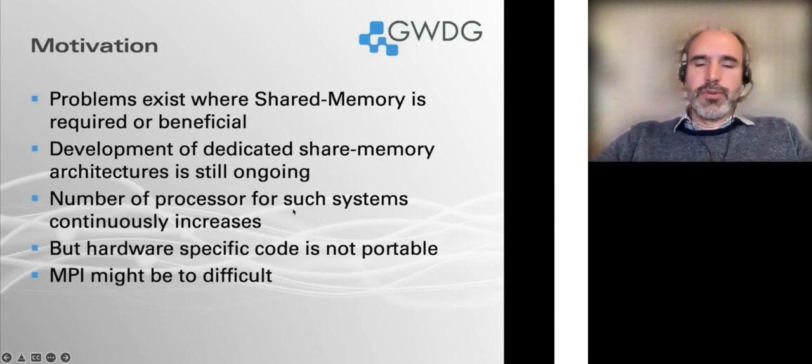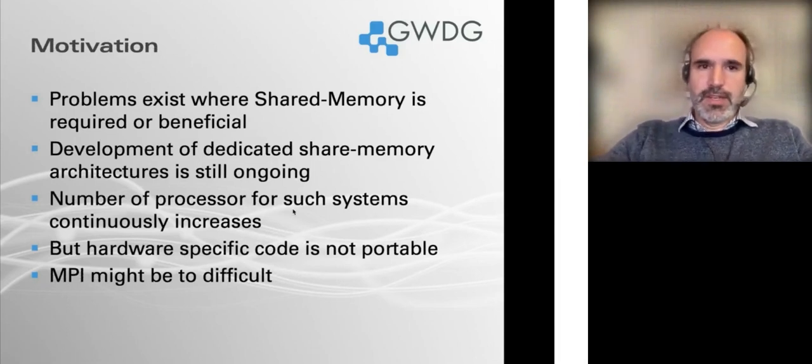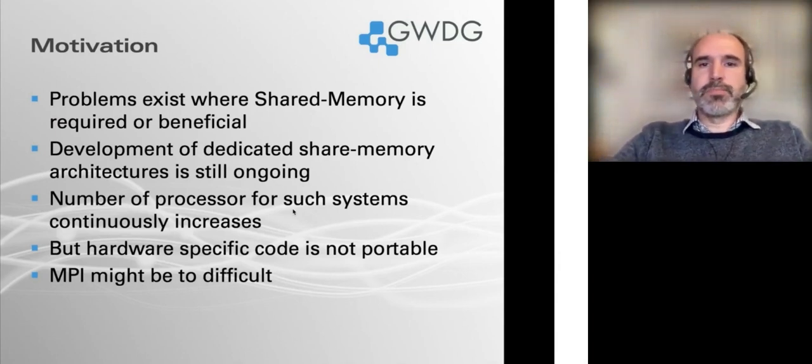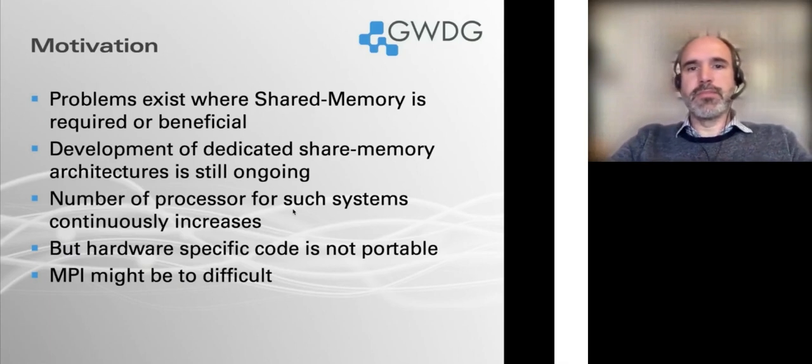The motivation of OpenMP is that there is a large number of problems where it would be beneficial to use shared memory architectures. That means problems where you need compute power accessing the same memory from all compute nodes or from all processes.